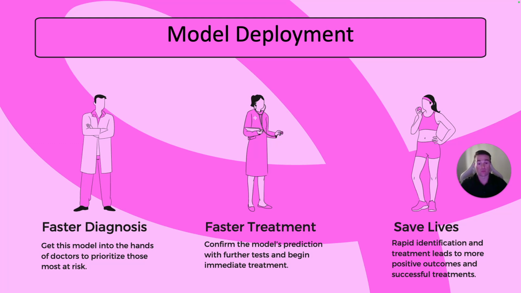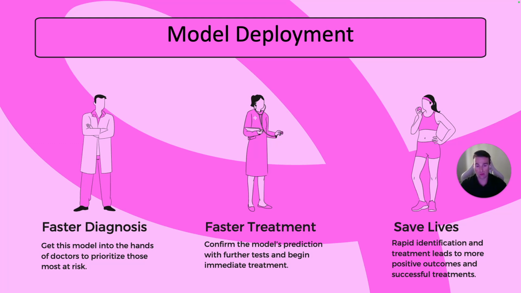So I was very happy with the performance of the model, but how do I want to deploy it? If I were to deploy this model, the first thing I want to do is get it into the hands of medical professionals right away so that they can use it in treatment. I would take the algorithm and the design of the model and put it into a product that's easy to use, such as software that works well on an iPad or a doctor's laptop, so that they could take their observations and quickly enter them into the product.